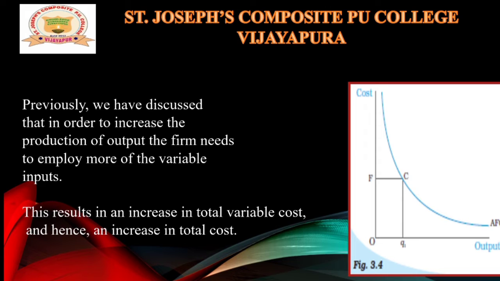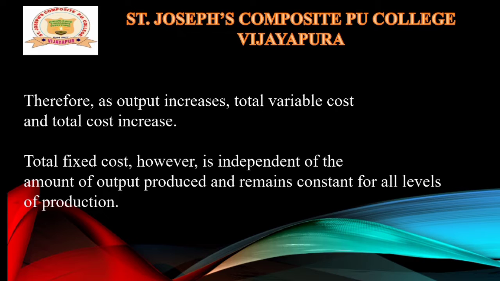This results in an increase in total variable cost and hence an increase in the total cost. As a result, total variable cost also increases, and it leads to an increase in the TC, total cost. Therefore, as output increases, total variable cost and total cost also increase.